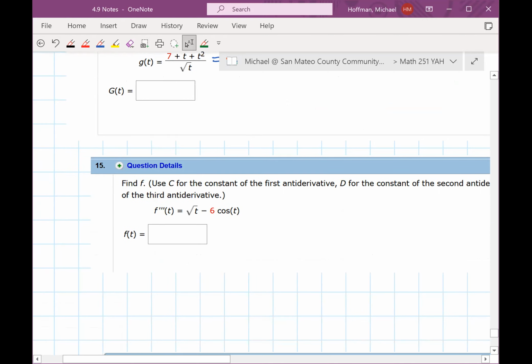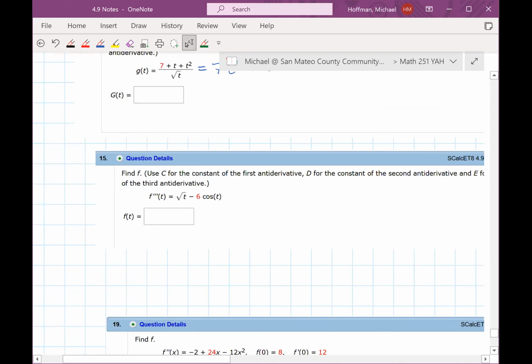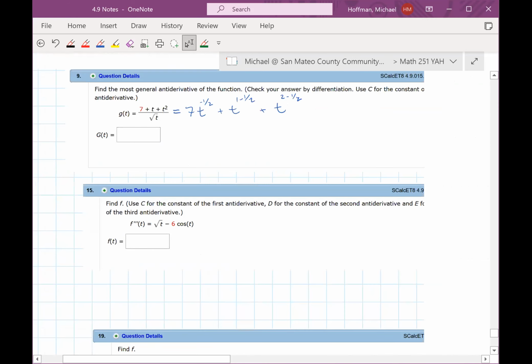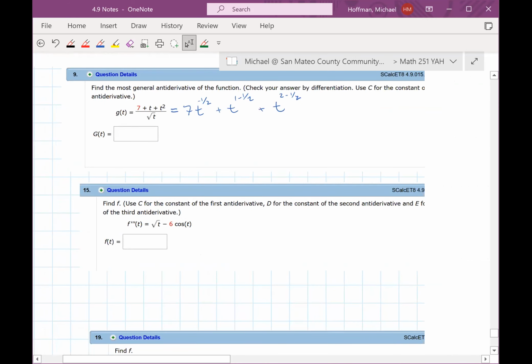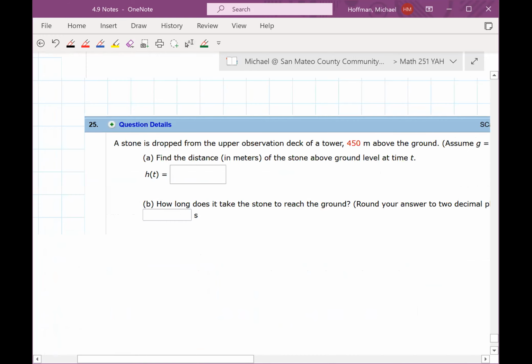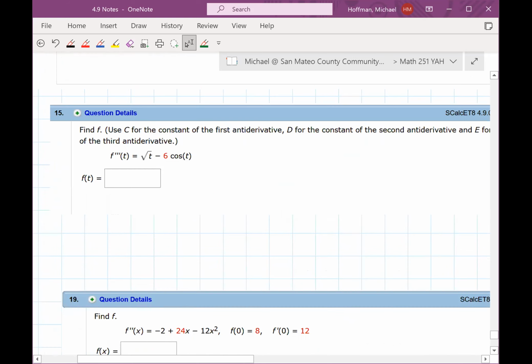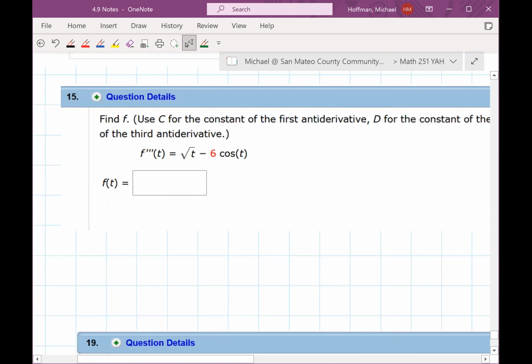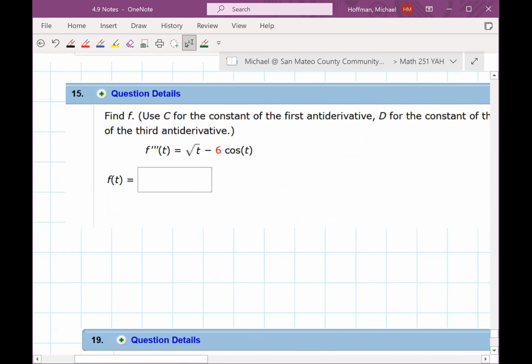Now, there is a process, like in number 15, where I have multiple derivatives. I'm given the triple derivative of something, and I want to find the actual function. What we're going to do is repeat that antiderivative process over and over again. Actually, you're going to repeat it 3 times to get to the original function f of t.